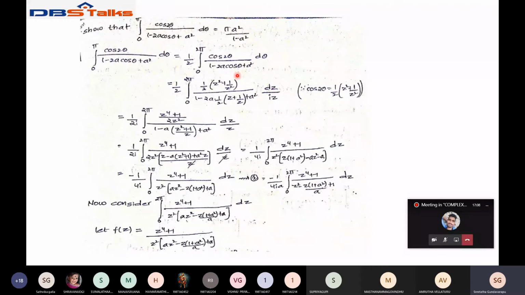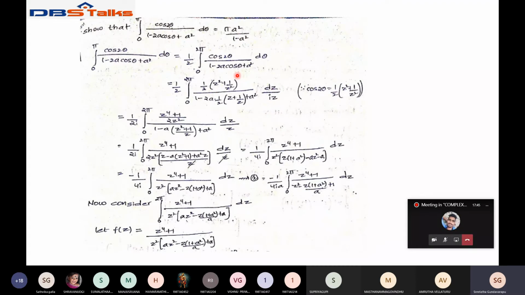In this denominator a is a common value, so we write minus 1 by 4ia integral 0 to 2 pi z power 4 plus 1 by z square into z square minus z into 1 plus a square by a plus 1 dz, since the denominator can be written in quadratic form. Now we have to find integral 0 to 2 pi z power 4 plus 1 by z square into a z square minus z into 1 plus a square by a plus a dz.